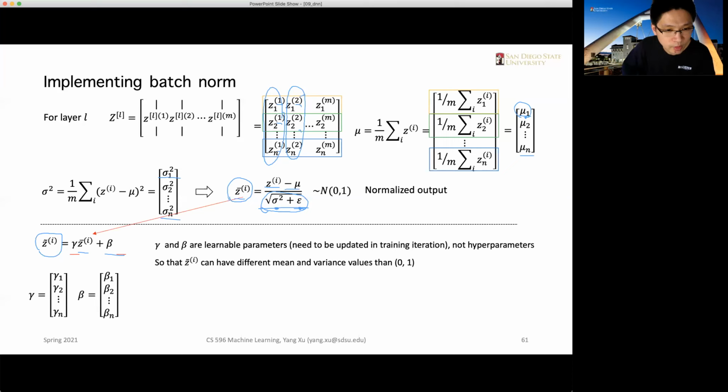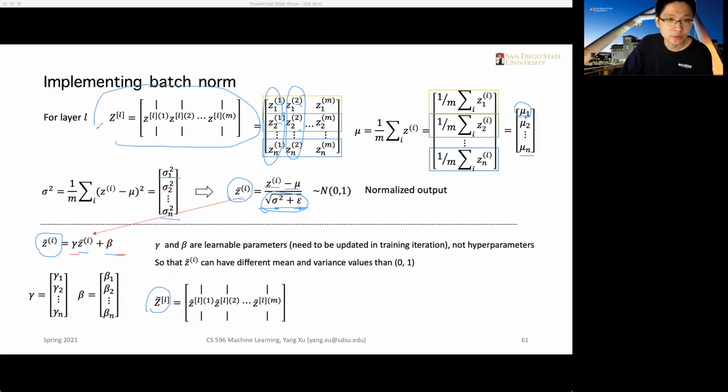So the z tilde, with the help of gamma and beta, is more flexible. It can have different mean and variance values other than 0 and 1. The z tilde matrix is the final output after so much transformation, so much processing.